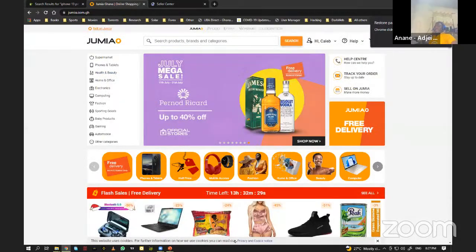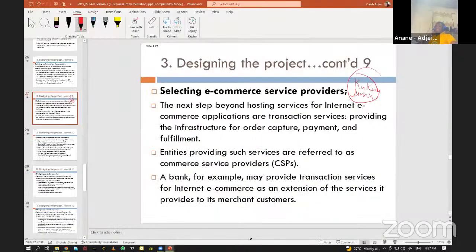So before we can select an e-commerce platform to sell our product on, what are we supposed to do? We need to look at the entities that provide such services, and those are what we call the commerce service providers, or the CSP. There are also certain banks that provide transaction services for internet commerce as an extension of their services.